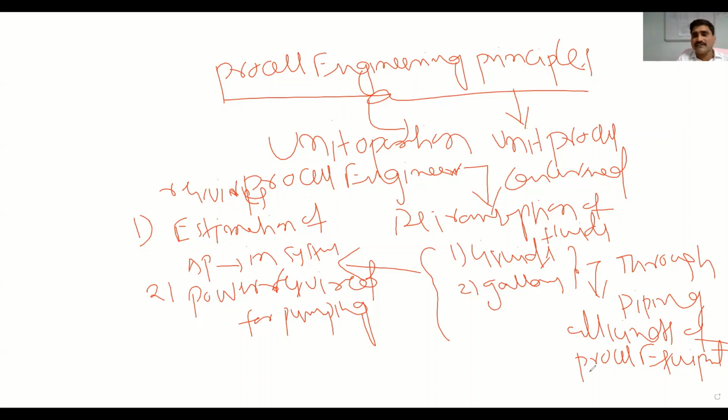But we are biotechnologists. When he enters industry, with respect to fluid flow, what is the transportation of fluids? The liquid or gases. This liquid or gas is going to be transported through piping, and through process equipment. I told you: distillation column, boiler, chiller, compressor, evaporator, all these things.